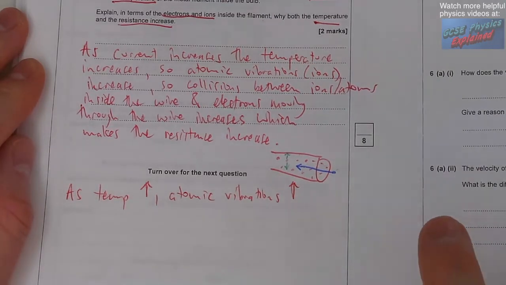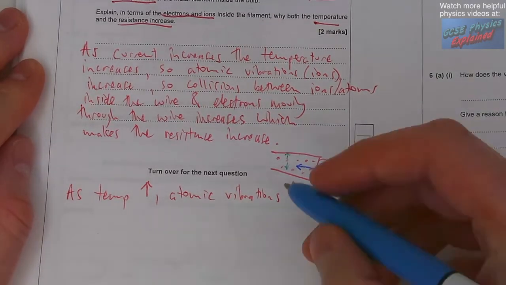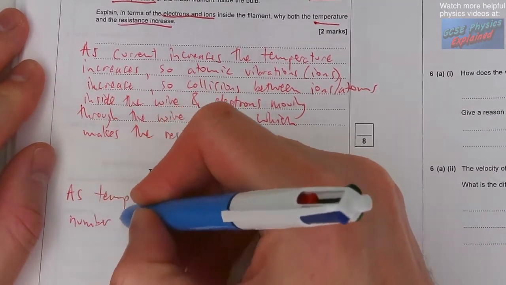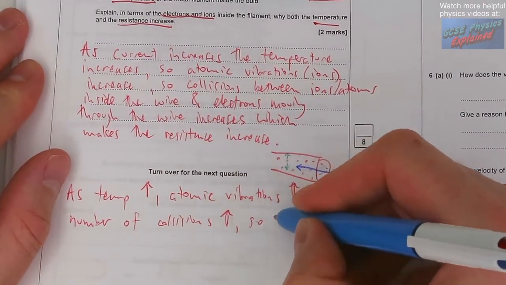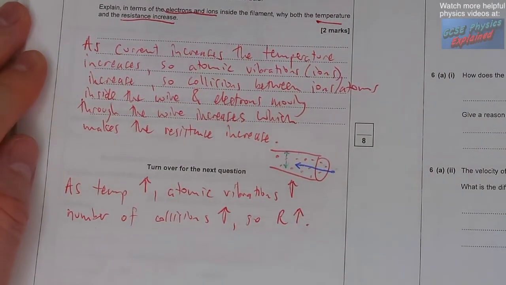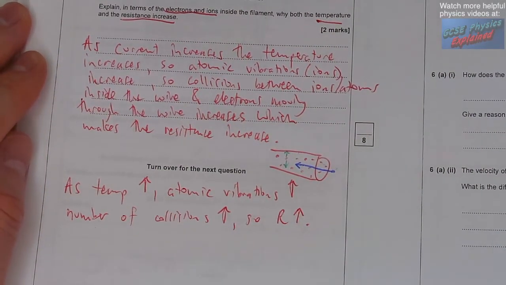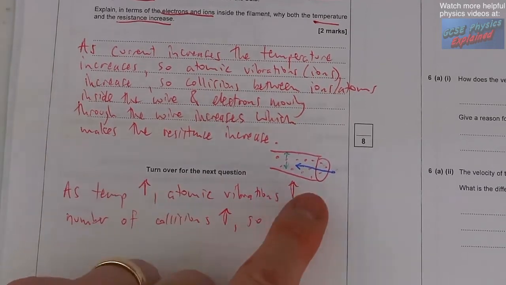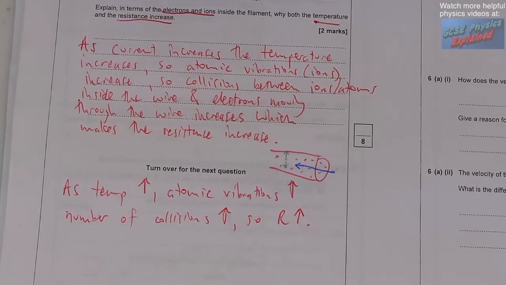So as the temperature increases, the atomic vibrations increase, so the number of collisions increase, so the resistance increases. Now that is actually an answer for A level as well. That would be a relevant answer right the way up to A level physics. So I hope the little picture and the explanation is helpful.